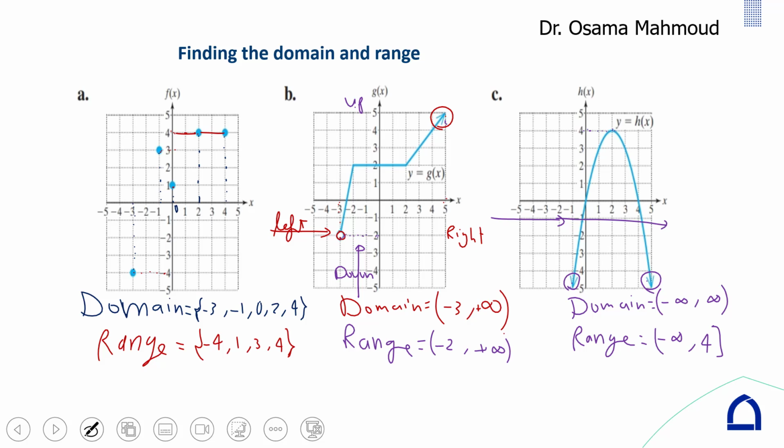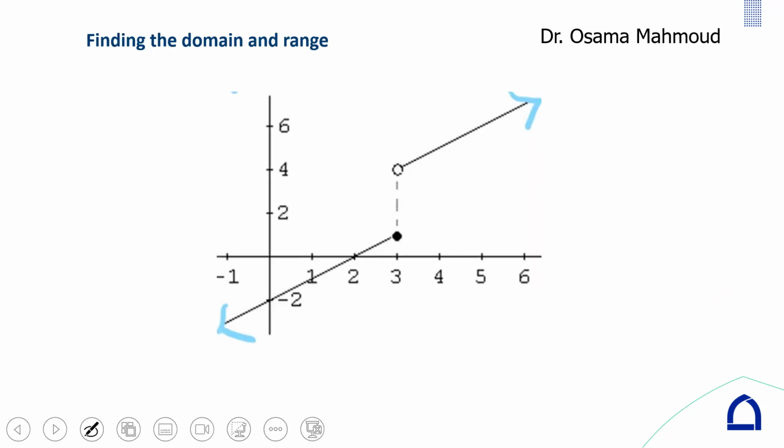Okay, this is how to find the domain and range in different representations. Let's go and check yourself to find the domain and the range for this one. We come for the domain, related to x. So come from the left.